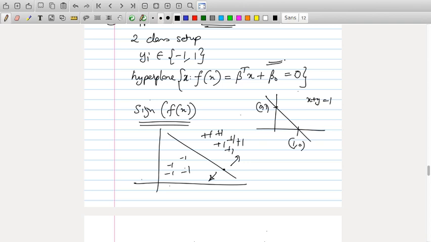All I'm saying is that all points on the hyperplane evaluate to 0, towards one side of the hyperplane they evaluate to a positive number, and on the other side a negative number. That's how I'm defining my classifier: just the sign of the hyperplane evaluation function. It's just a linear function actually.